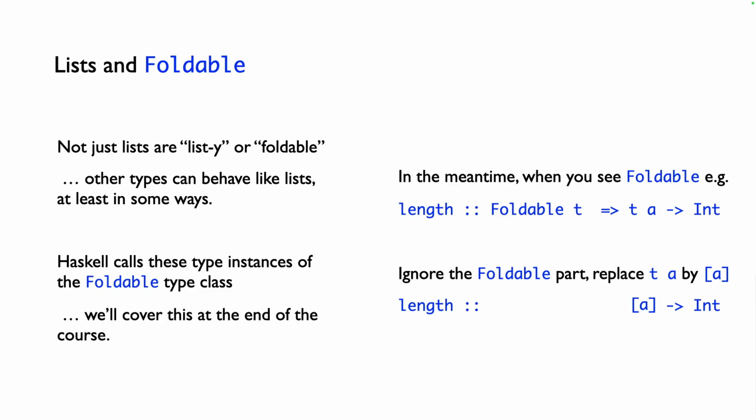It's not the most general type, but it's a correct type. So anytime you see an instance with Foldable t, you replace every t of a by list of a and ignore the bit before the fat arrow. And that gives you the list type of the function specifically, rather than all the listy types that you get by making it foldable. Okay, let's move on to actually talk about some real functions over lists now.